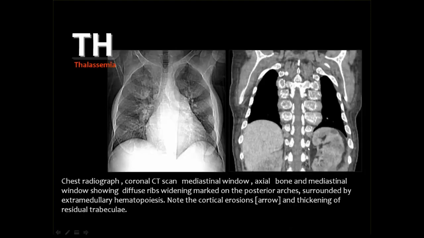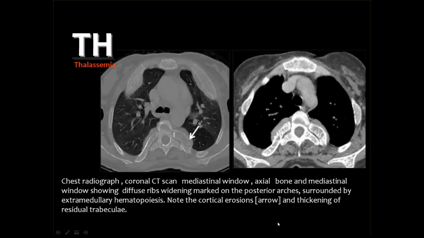Then here you can see that there is expansion of the ribs also, giving the appearance of a rib within a rib sign. And here you see that the diploic space within the ribs is markedly expanded.